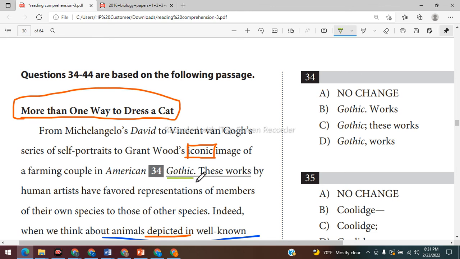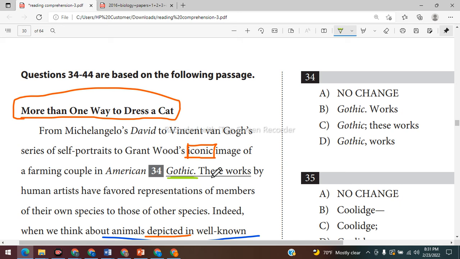Should it remain like this, American Gothic, period? Or should it be American Gothic, period, works? Or American Gothic, semicolon, these works? Or American Gothic, comma, works? Or no change?